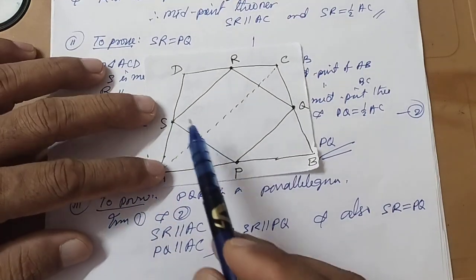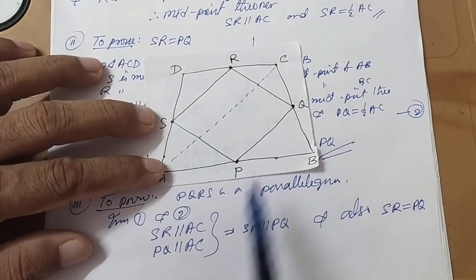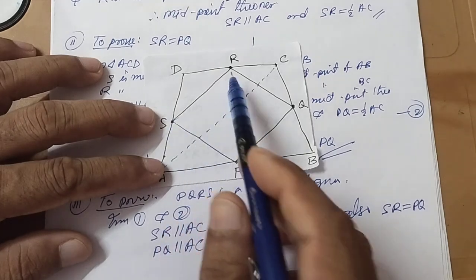So in this diagram, we are getting SR parallel to PQ, and also SR equal to PQ.